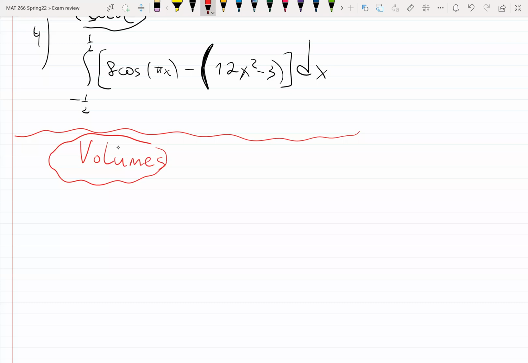So I even tell you which methods to use. Let me check this one. Calculate the volume obtained. Except for the free response, you have to make a choice by yourself. But for the multiple choice, we usually tell you use disk or washer or use shell method. Yeah, very classical, actually, all the examples. That's good.